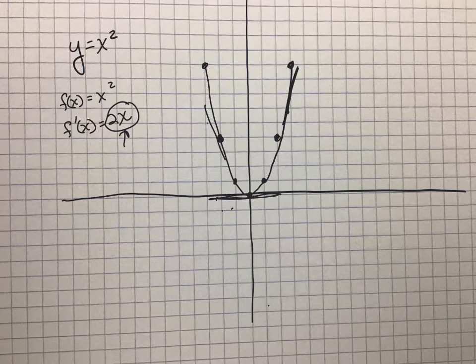And over here on the right, we plug in a 3, and the slope would be 6, which we know that slope is positive. So the slope on the right side would be 6. And then the slope on the left side, if we plug in a -2, we'll get a -4. So this slope over here is -4. And as you can see, the slope changes as you go around the curve because we're dealing with a curve.